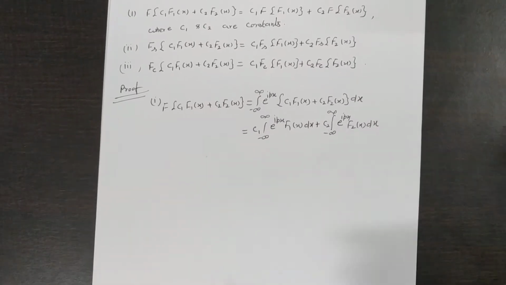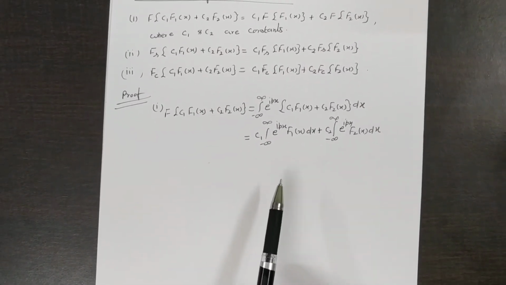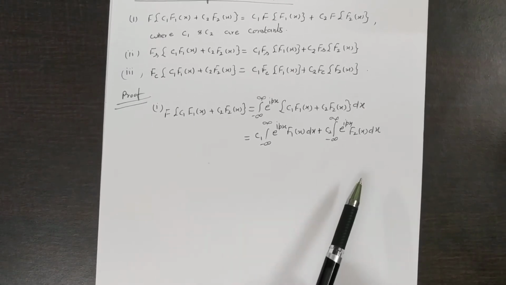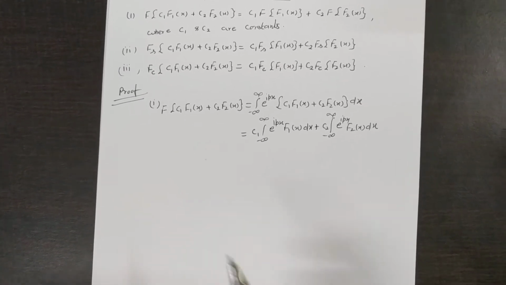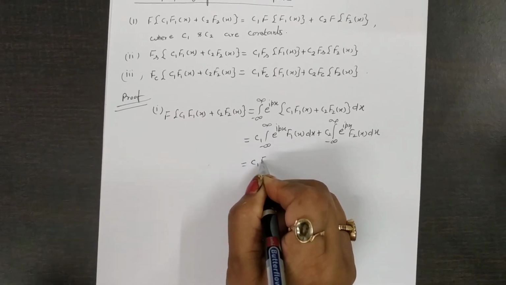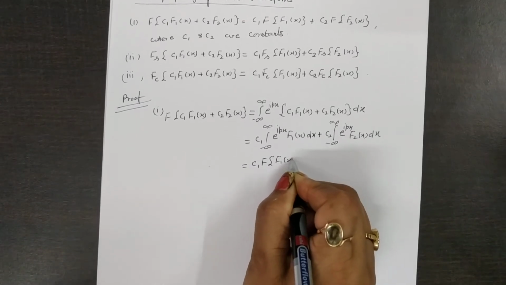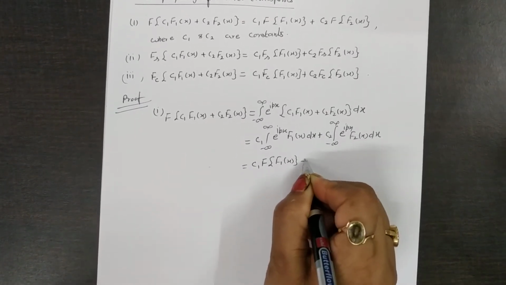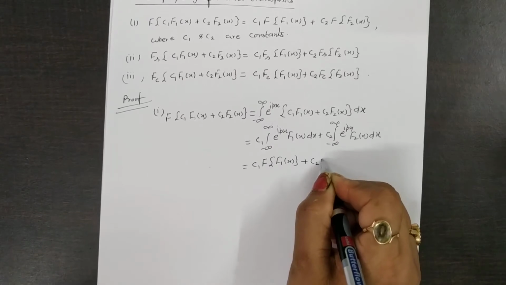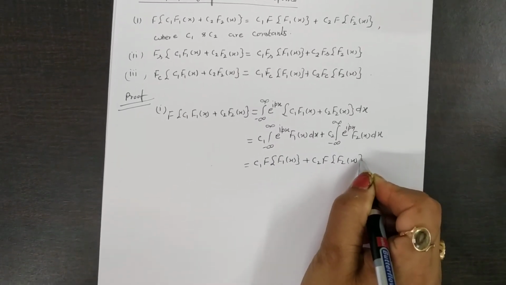The first is the Fourier transform of f1(x) and the second is the Fourier transform of f2(x). So we can write c1 F[f1(x)] + c2 F[f2(x)]. Clear?